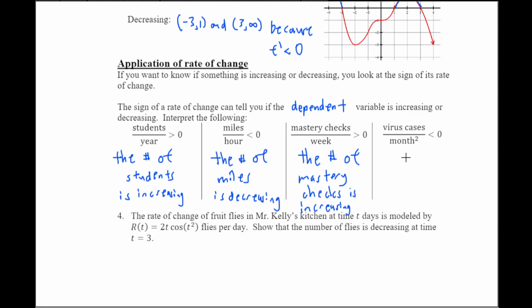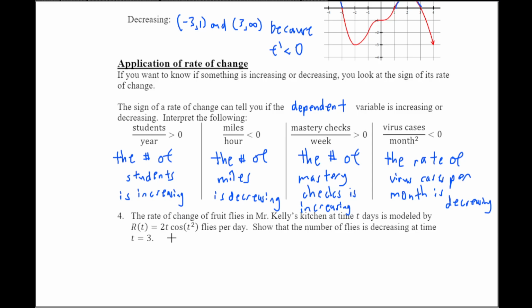If the virus cases per month squared is less than 0, it's a squared here, so that means the rate of virus cases per month is decreasing. And because it's the month squared here, that's why this is a rate instead of the number like all these other problems.